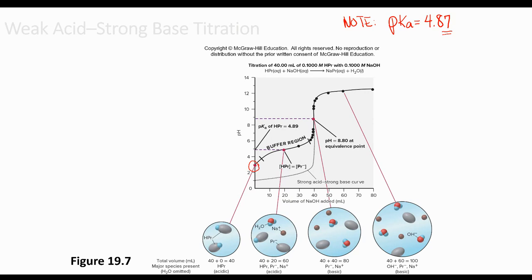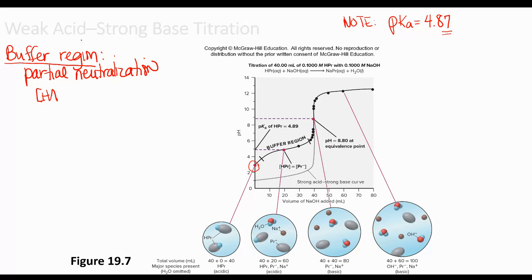Okay, so we started off with a pH here, which we calculated in the previous video. We talked about how along the way, this buffer region is a region of partial neutralization. That's a buffer because you have a mixture of your weak acid and conjugate base in there.